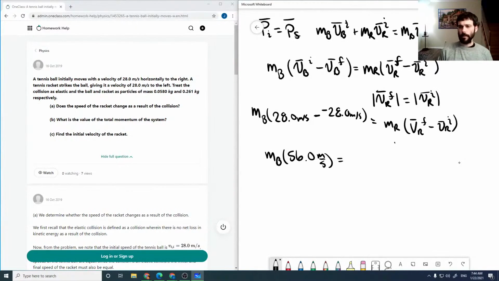And so our velocity finally for our racket must be the negative of our initial.